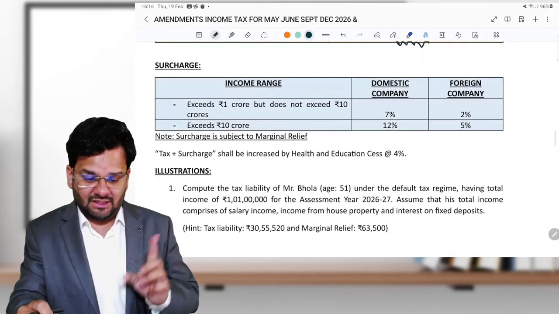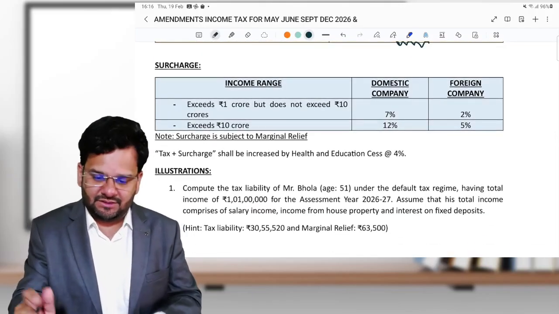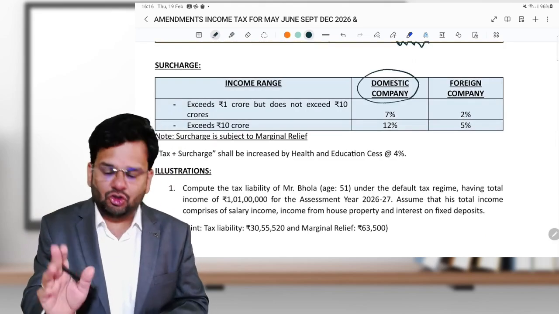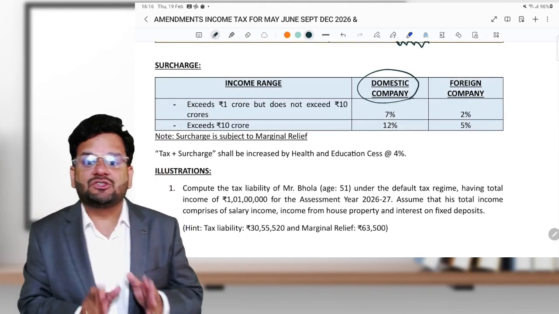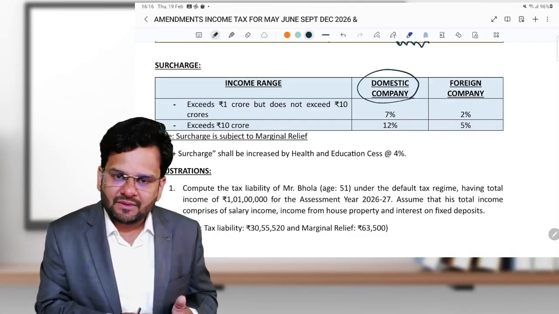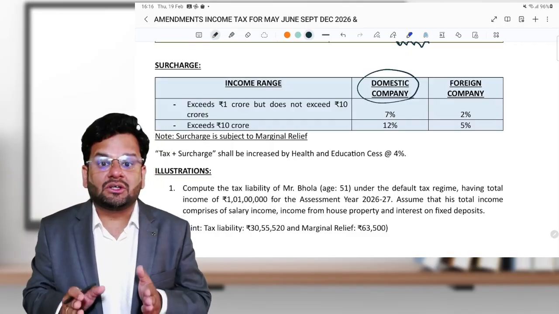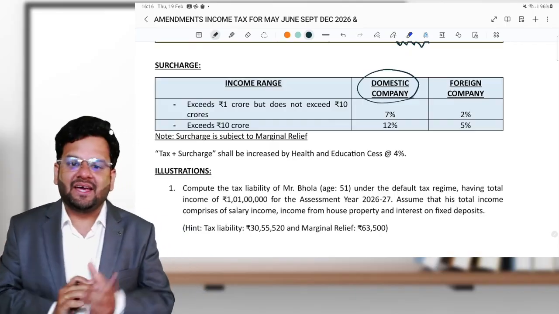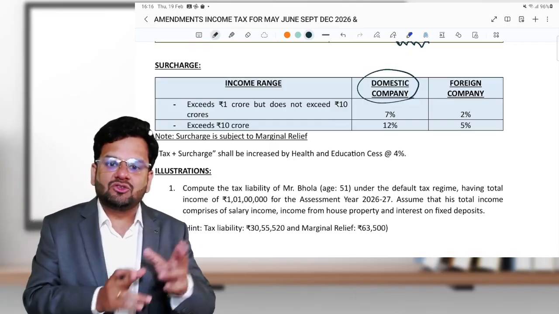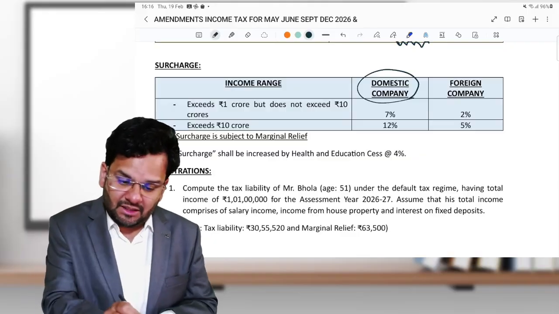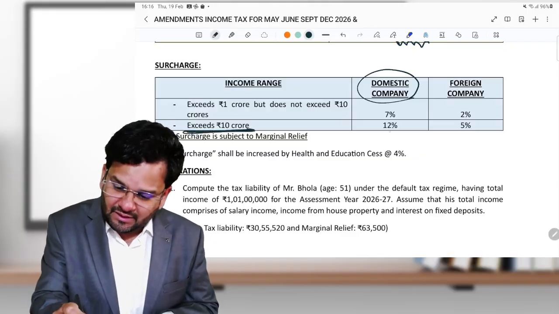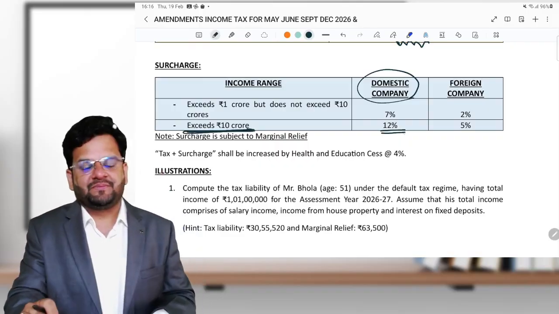Talking about surcharge in case of companies, just focus on domestic company. Surcharge will be at 7% if the total income exceeds 1 CR but does not exceed 10 CR. But if it exceeds 10 CR, it is at 12%. Clear?